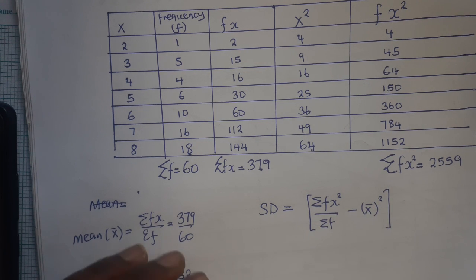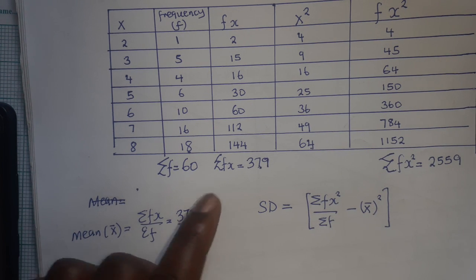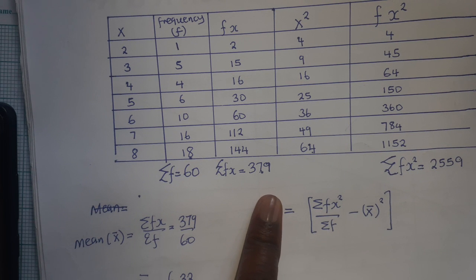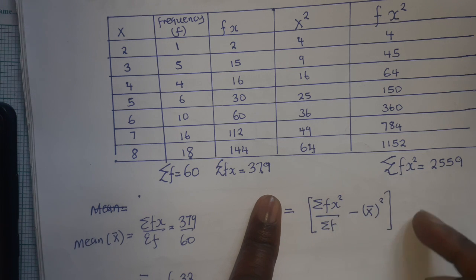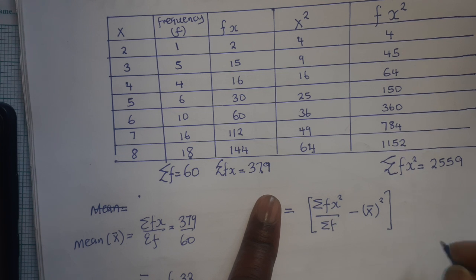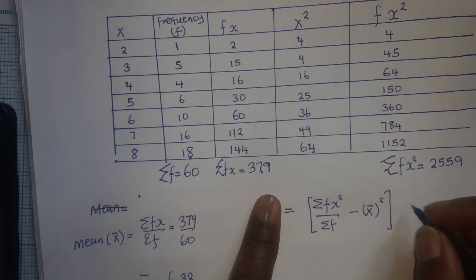Now, I must mention first of all that this formula here, without the root, is what should give us variance, just in case we are asked to find variance.